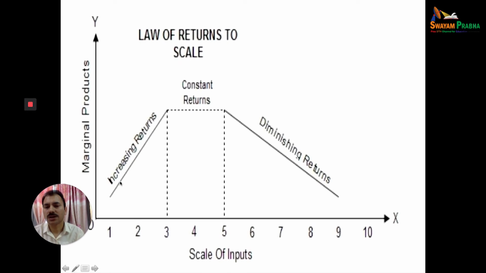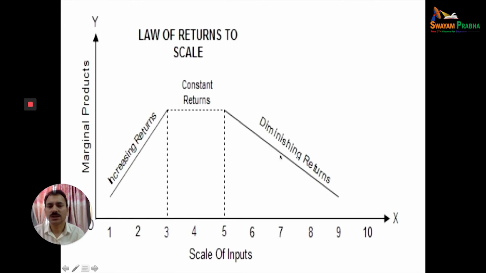And here up to 3 is the increasing returns. When the scale of inputs changes, the output changes at an increasing rate. But here, when we change the scale of inputs, output remains constant, then we can see this as constant returns to scale.